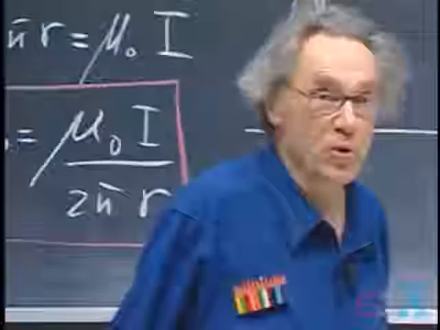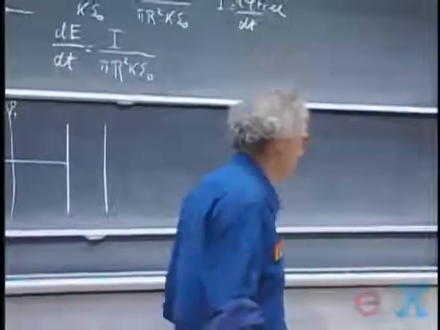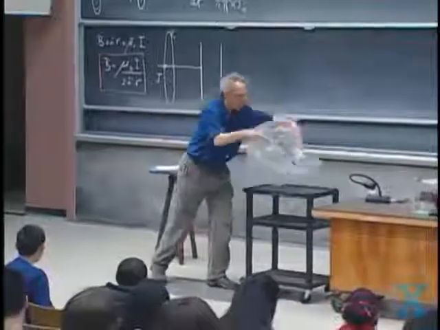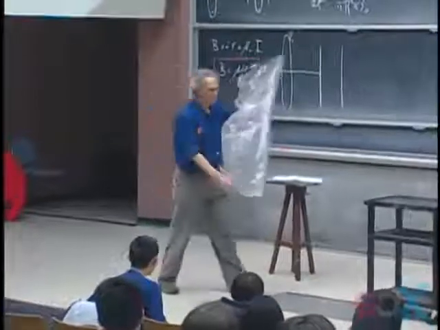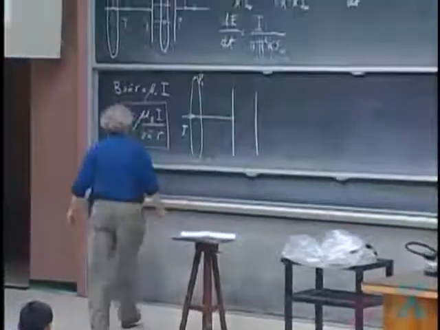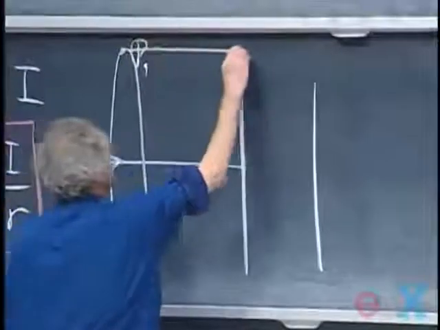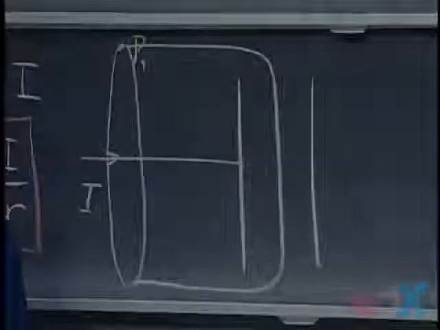Why should I choose a flat surface? I'm entitled to any surface. I like surfaces like this. They are attached to a closed loop. So I will choose that kind of a surface. The surface now goes like so, right through the capacitor plates.